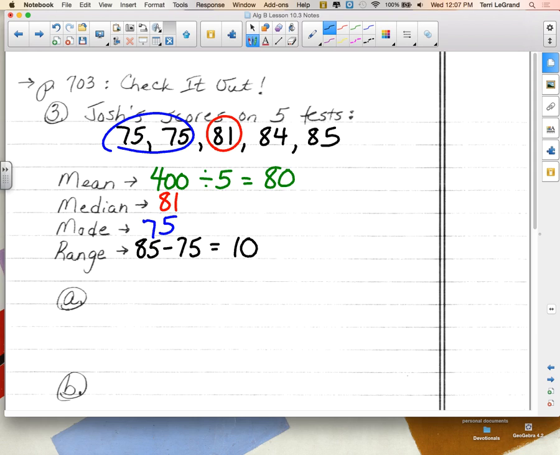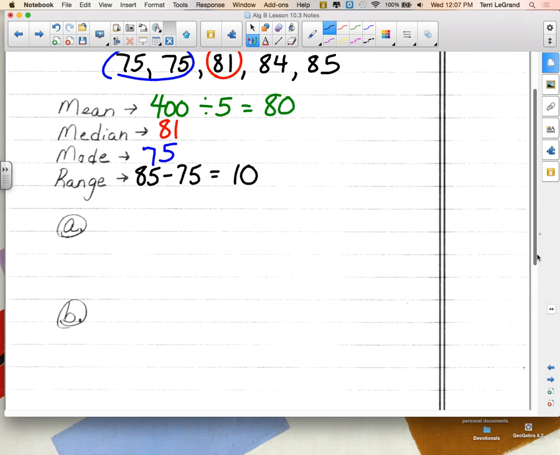Any questions about any of these? Are you still not getting the same thing, or not knowing what to do? Okay. So what's the first question that they ask? They say, which of these measures describes the score Josh received most often? Which one is it? What's that called? The mode, yeah, remember that's the definition for it. Okay, so let's write that.